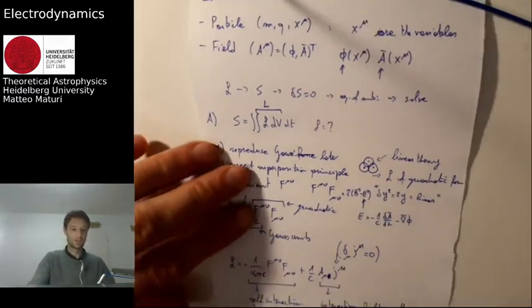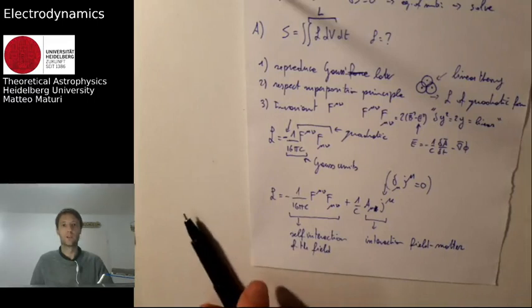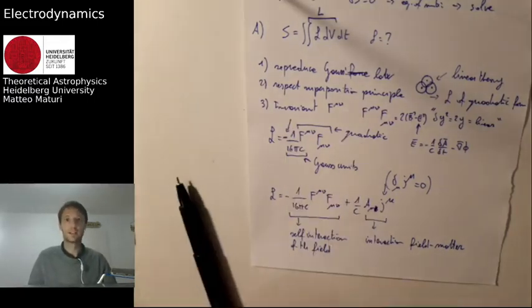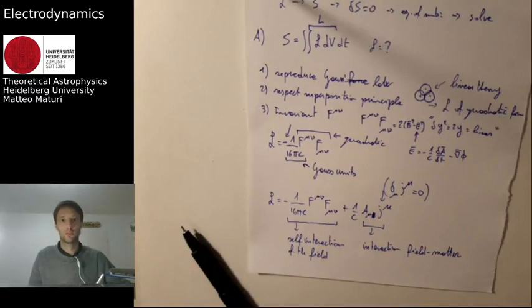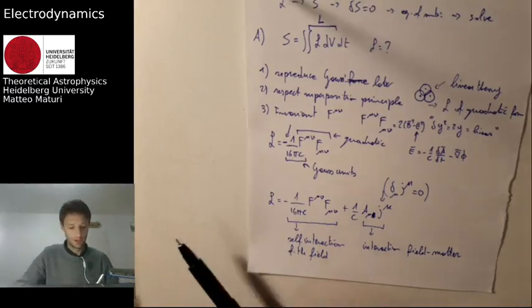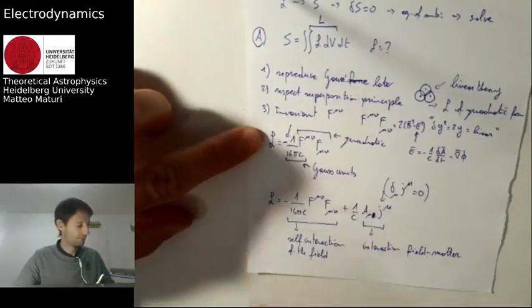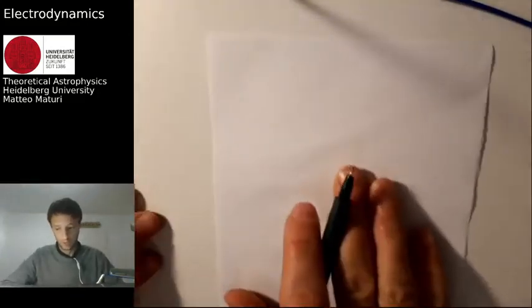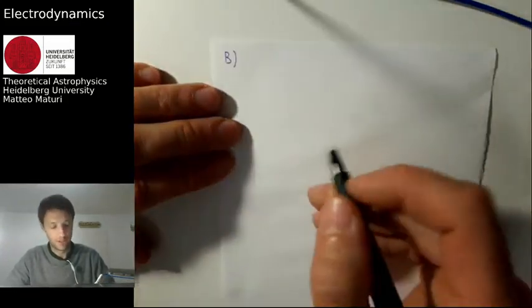Therefore, this object is a valid Lagrangian, and it fulfills all the constraints that are necessary to derive all the electrodynamical properties that we see in experiments. Now that we have our Lagrangian density, and we have our action, which is based on it, we can continue and apply the least action principle.